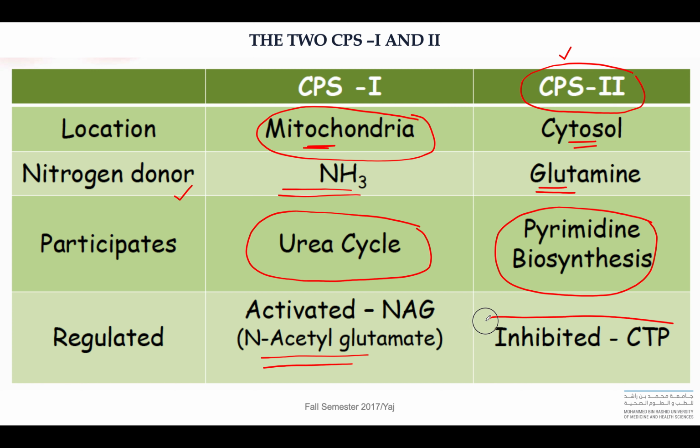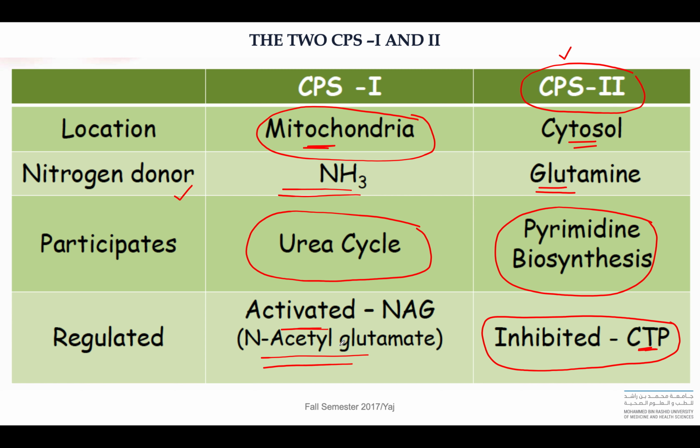This particular enzyme, carbamoyl phosphate synthetase 2, is inhibited by a nucleotide, CTP. Here it is activated, and here it is regulated by allosteric inhibition. Carbamoyl phosphate synthetase 1 is regulated by allosteric activation.